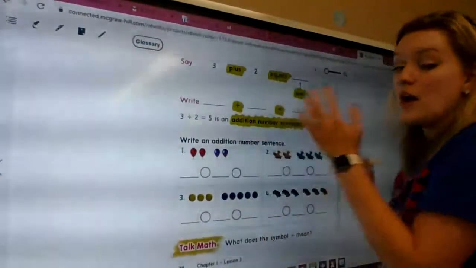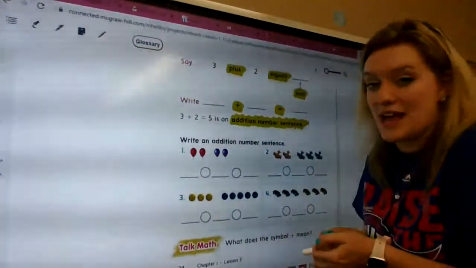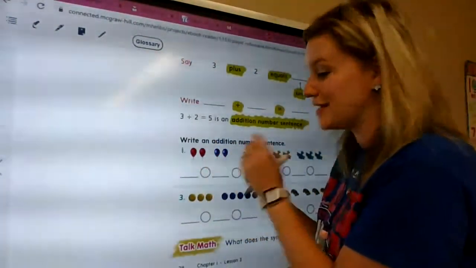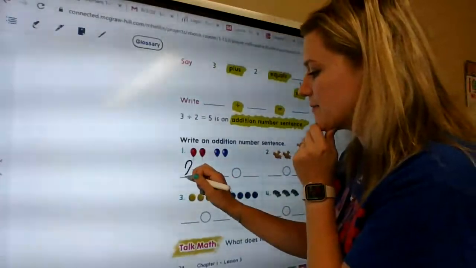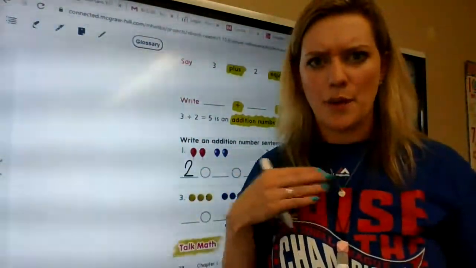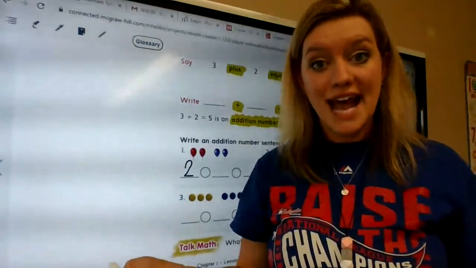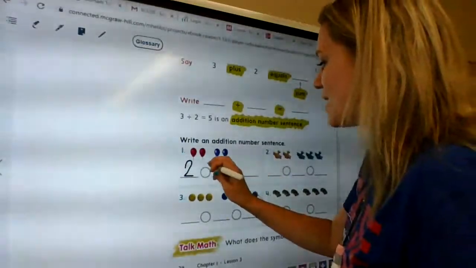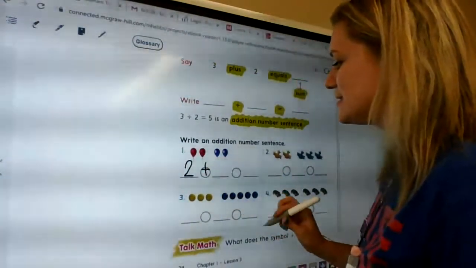Okay, so let's look first at how many balloons we have, okay? So I have 2 red balloons. So I'm going to write that down first. Now, what do we say is in our circle over there? What are we doing? Are we adding them together? Yeah, we're adding them together. So I'm going to put a plus mark, 2 plus.